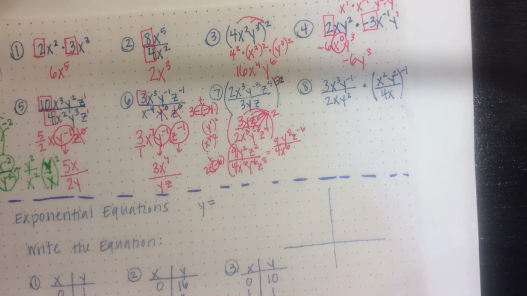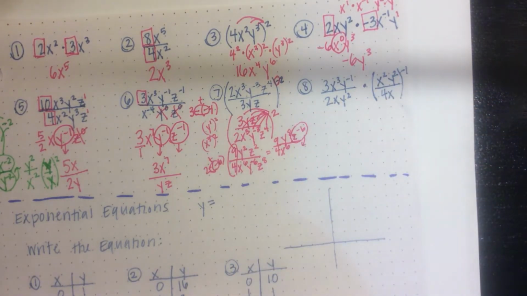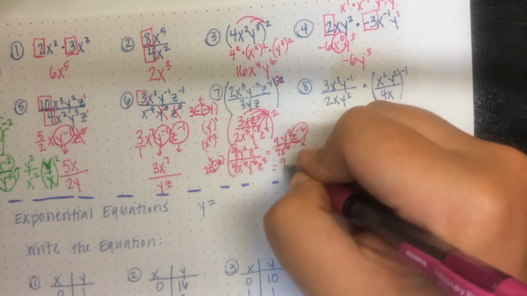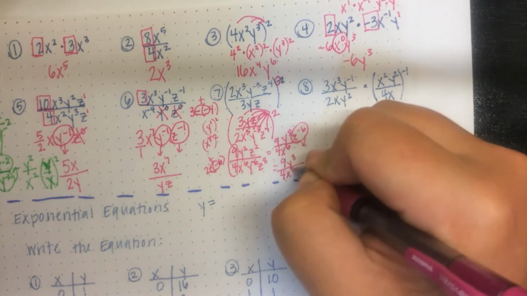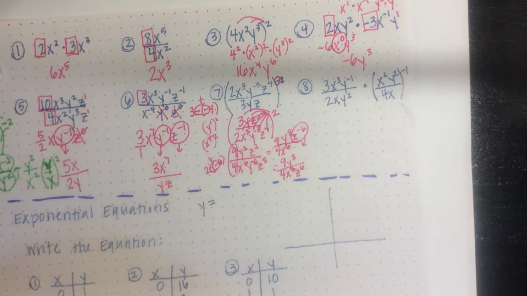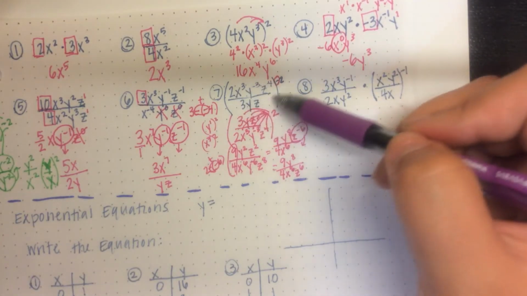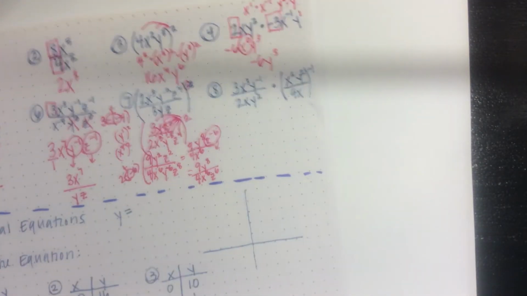Everything looks good except that z, so I have to move it down. My answer is 9y to the 8th over 4x to the 6th z to the 6th, because I moved it down and it was able to become a positive. All right, that one's an uglier one. But again, with exponents, you could have started by simplifying this if you wanted to. That's perfectly fine. Whatever comes to mind first, just roll with it.